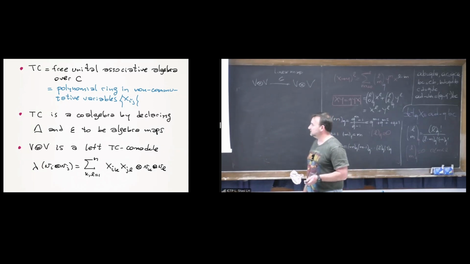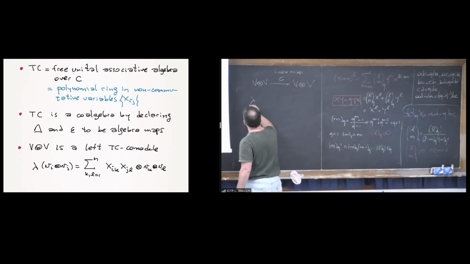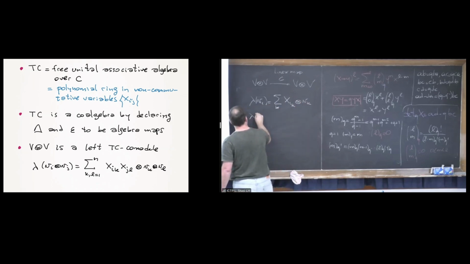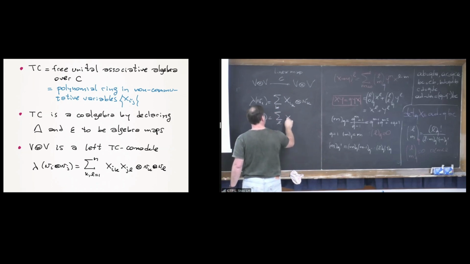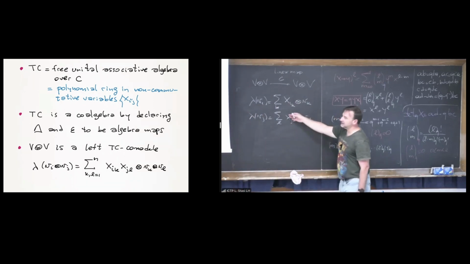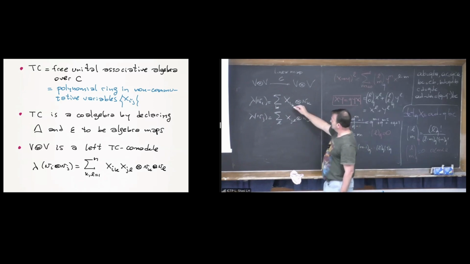And the idea is that we have the comodule structure for Vi, that is Xik tensor Vk. And we have the comodule structure for Vj. And the idea is we multiply these two things in order.